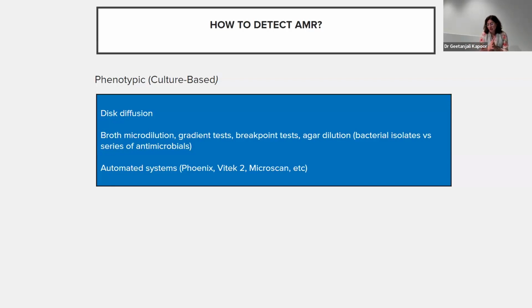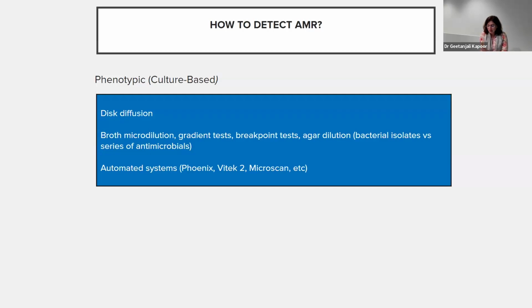If the bacteria is victorious, there would be no zone around the disc, because the bacteria is so resistant that the drug has been ineffective.